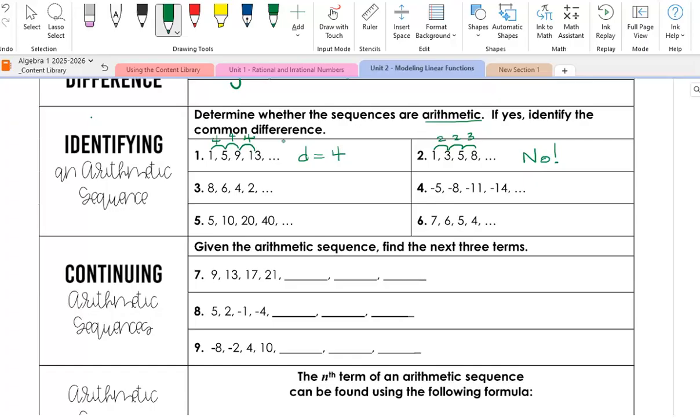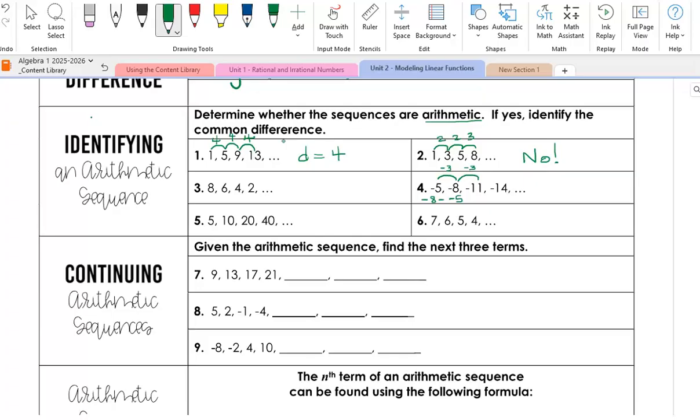Now, I do want to talk about number 4. Be very careful putting this into Desmos. It is -8 minus -5. So it's -8 minus -5. Be careful. So this is -3. This is -11 minus -8, which gives you -3.